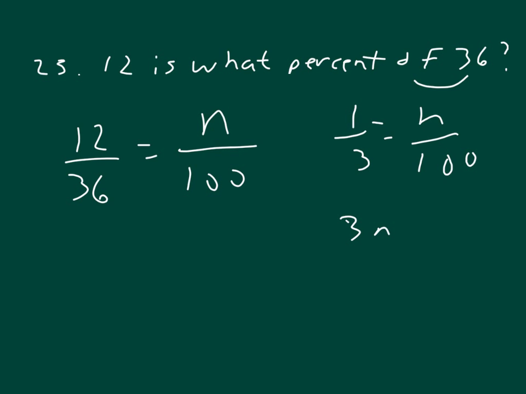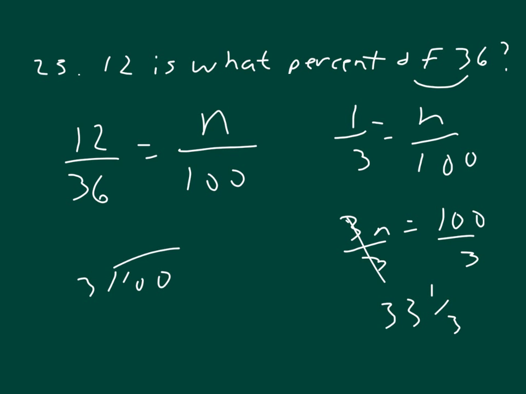Then this would be 3n equals 1 times 100, that's 100. Divided by 3, this would be 33. And you can make it 0.3 repeating or just kind of cut it off. Make it 33 1/3. It's going to go 3 times, remainder 1. You're going to keep getting 1s.